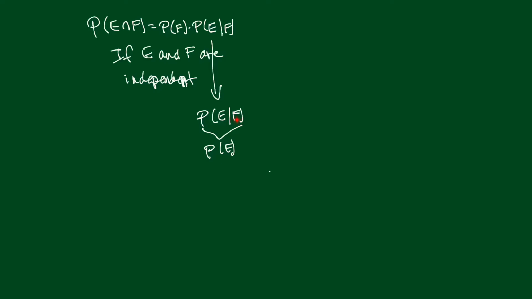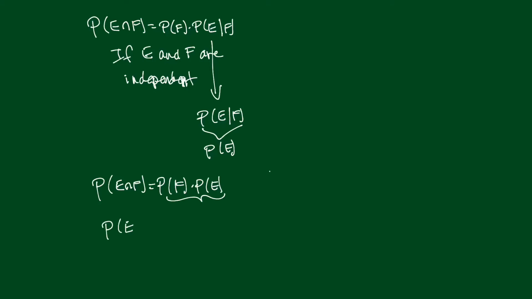So if F occurs, it doesn't matter. That has no effect on E. So the probability that E occurs, given that F has occurred, that's the same as the probability that E occurs. So then we get this formula right here. The probability of E and F both occurring becomes the probability of F times the probability of E, but I'm going to rewrite that.